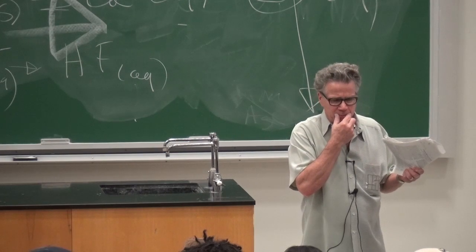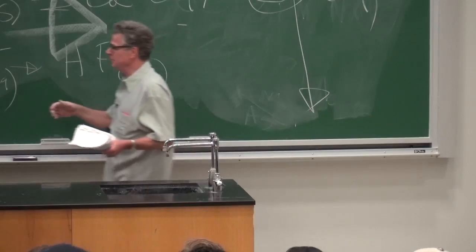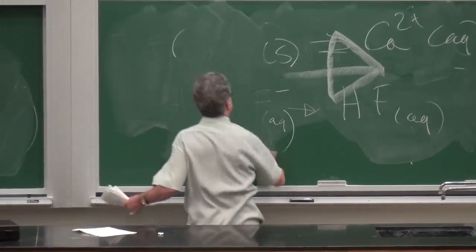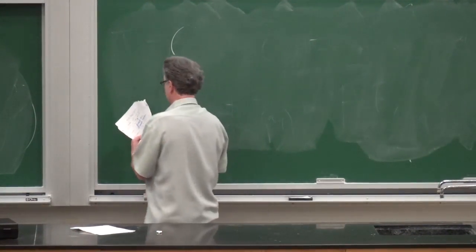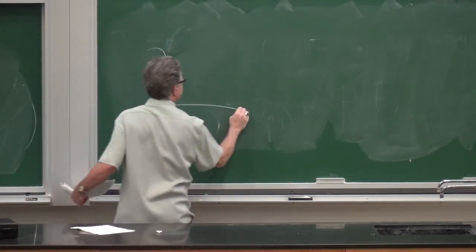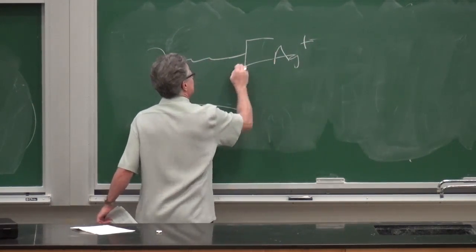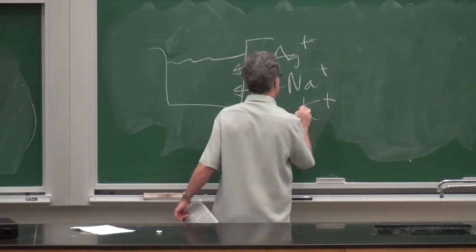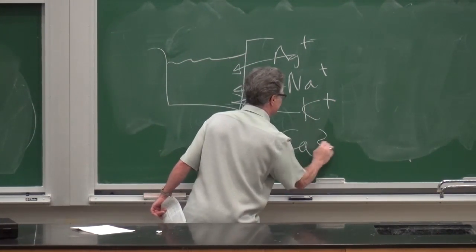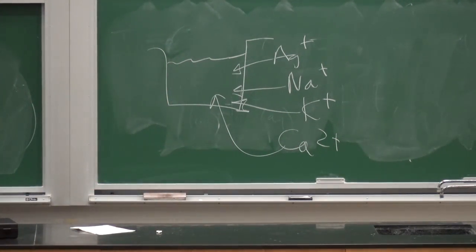And that is that if you have a metal ion in a solution, let's say you've got this solution and in here it's got silver ion and it's got sodium ion, maybe it's got some potassium, maybe it's got some calcium. So it's water with all those ions in it.